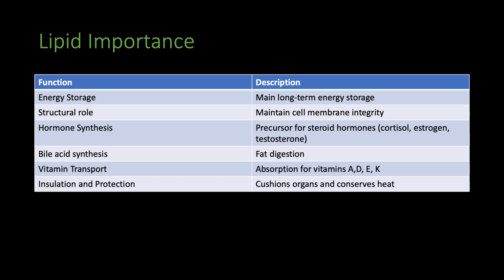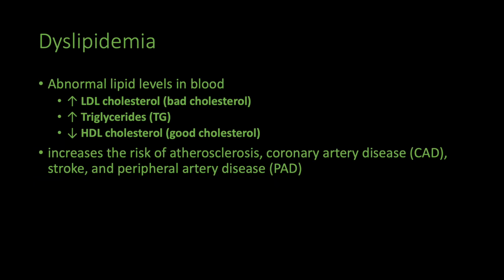Bile acid synthesis, fat digestion, vitamin transport, specifically the fat soluble vitamins like A, D, E, and K, insulation protection to protect the organs and conserving heat inside the body.